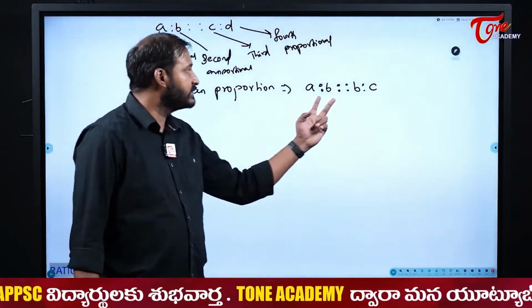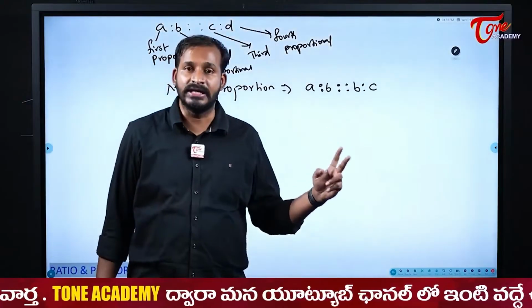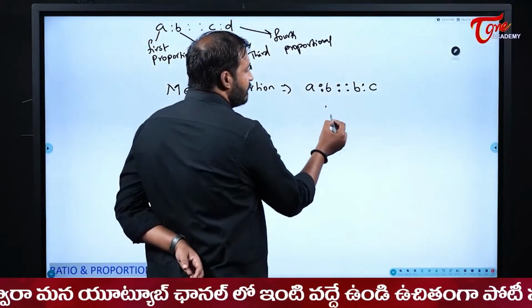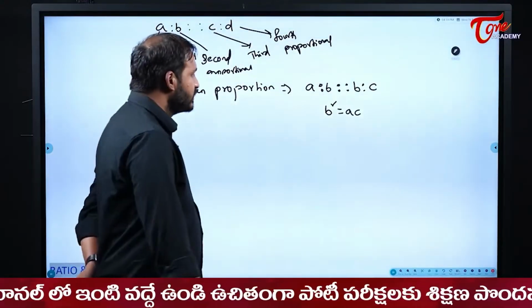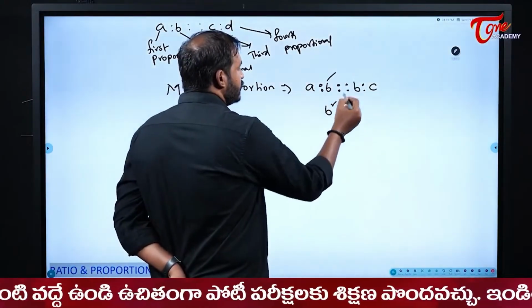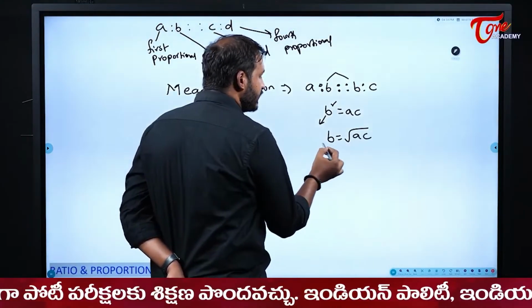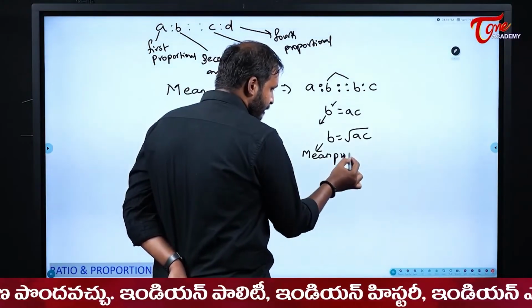That means the middle terms will be equal. In this case we can say B square is equal to AC. So this B we call the mean proportion. So B value will become root over AC.